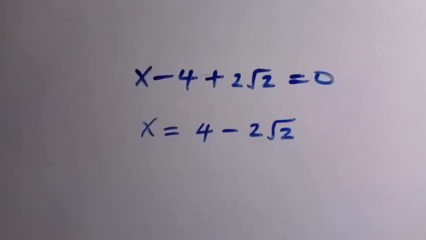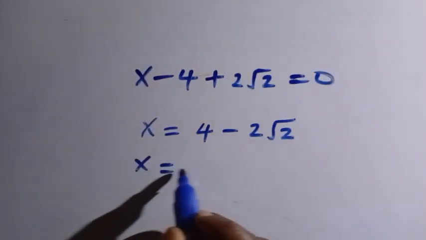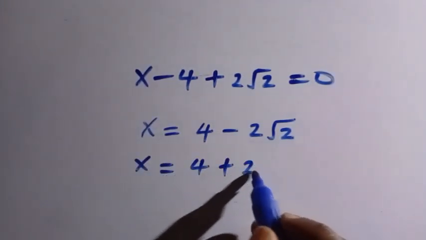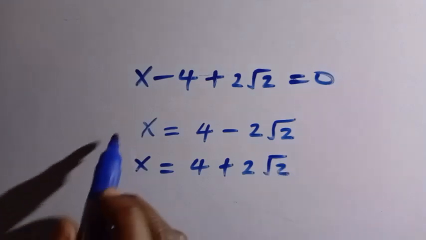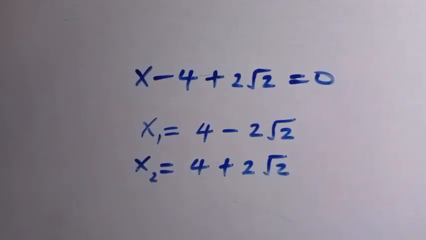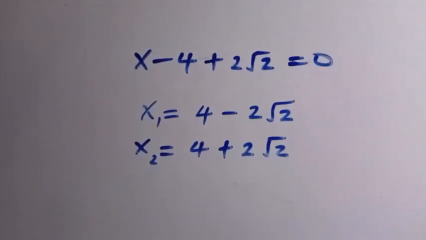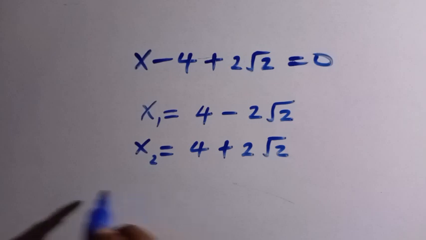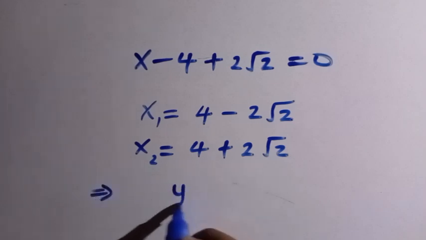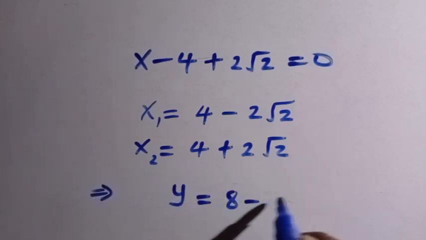So these are the two values of x. The first one, x equals 4 plus 2 root 2, is x1, and this is x2.